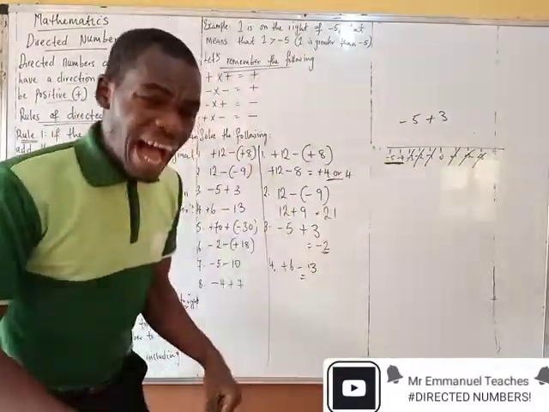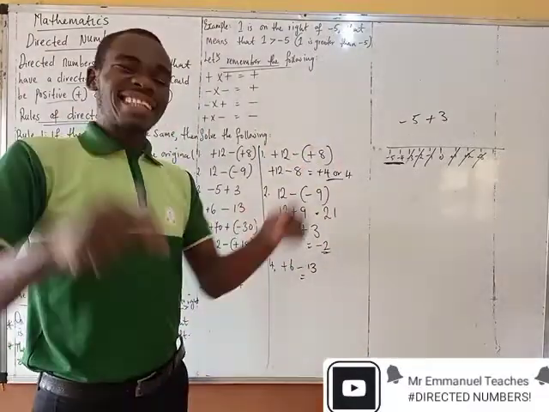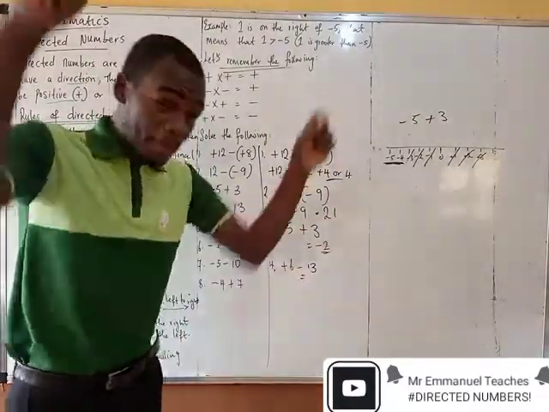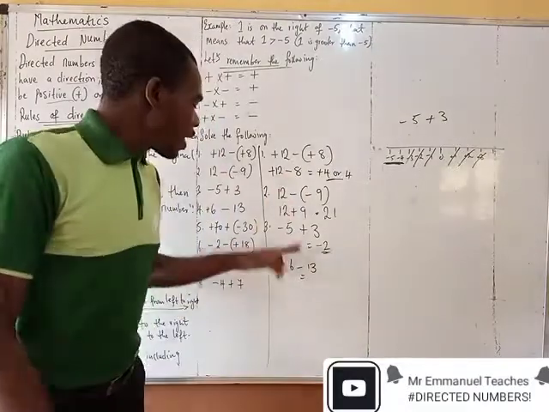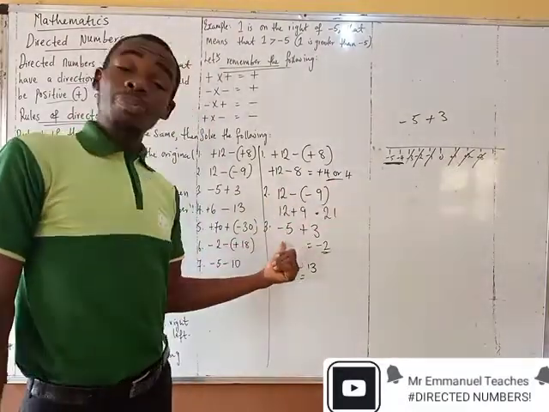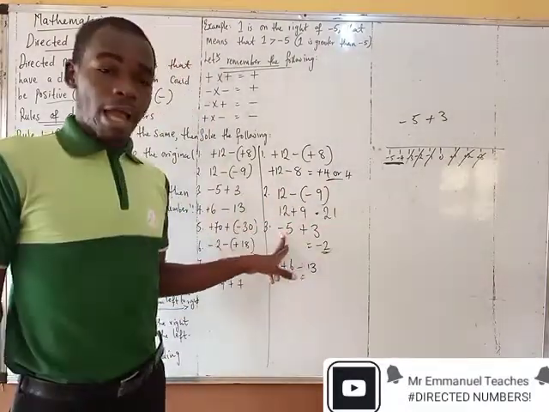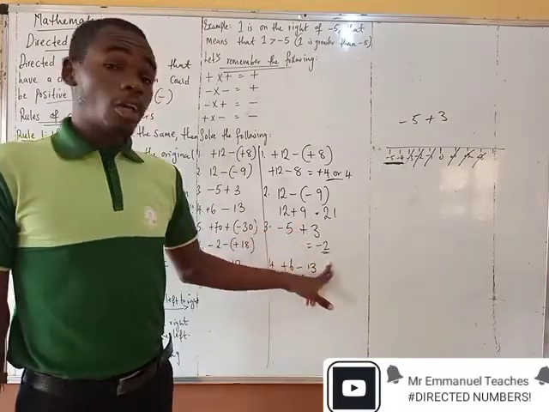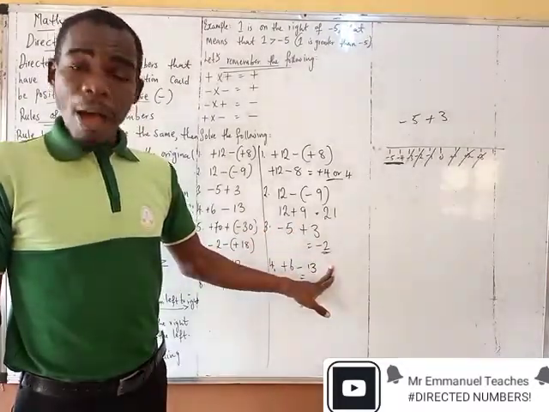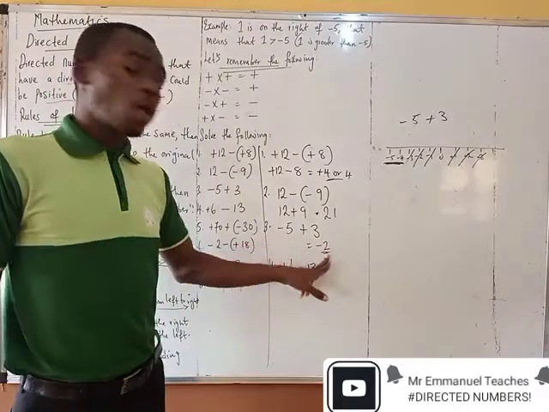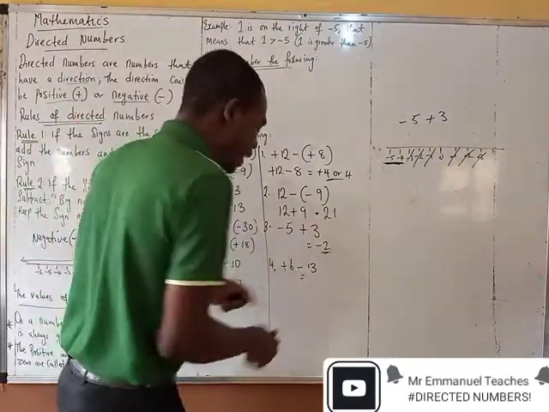If the bigger number has a minus, your answer must always have what? A minus. For example, in 5 and 3, 5 is the bigger number and 5 had the minus. When we did it, we got minus 2. Am I communicating? When we did it, we got what? Minus 2.